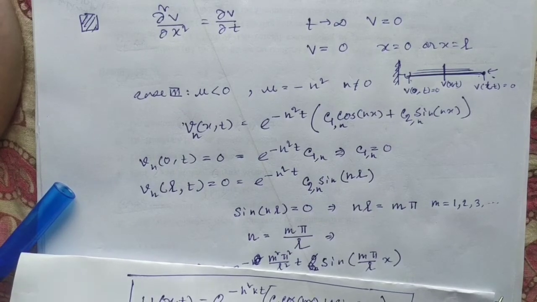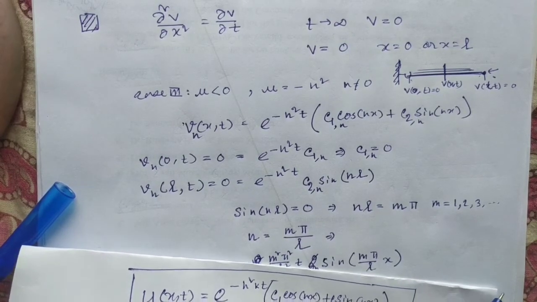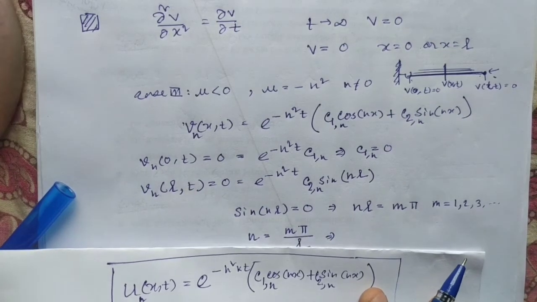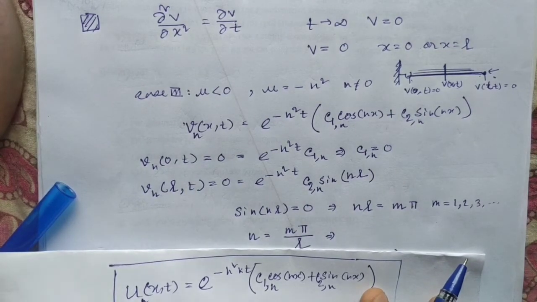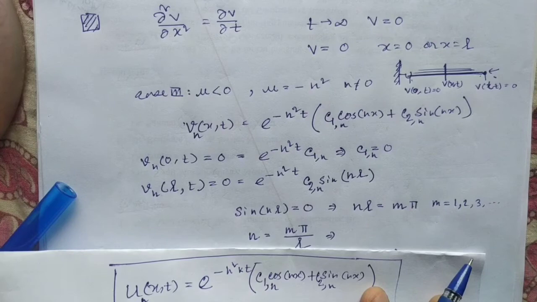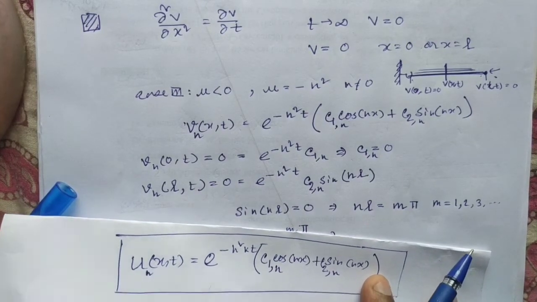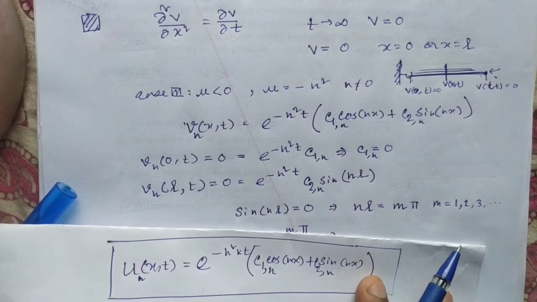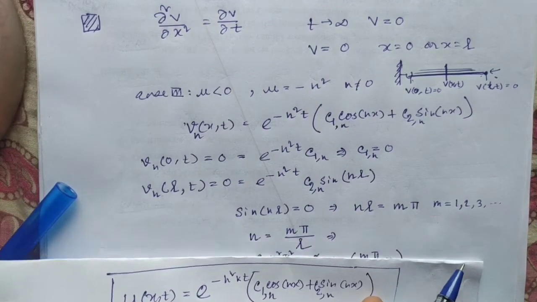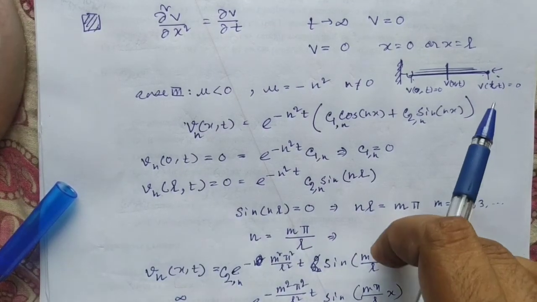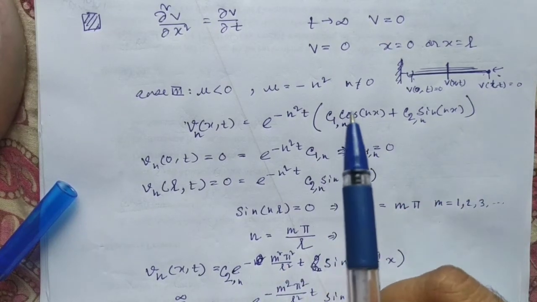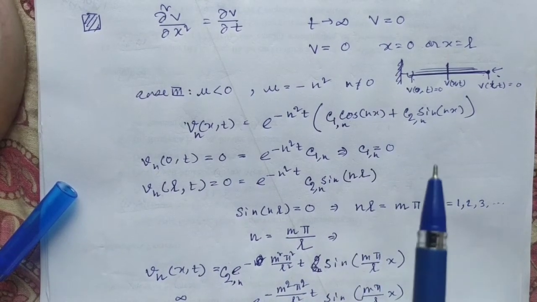Spatial, S-P-A-T-I-A-L. Whenever we are giving values at the boundary, we call it a boundary value problem, and whenever we are giving initial values, we call it an initial value problem. Now we have given only one boundary value problem, one initial value.